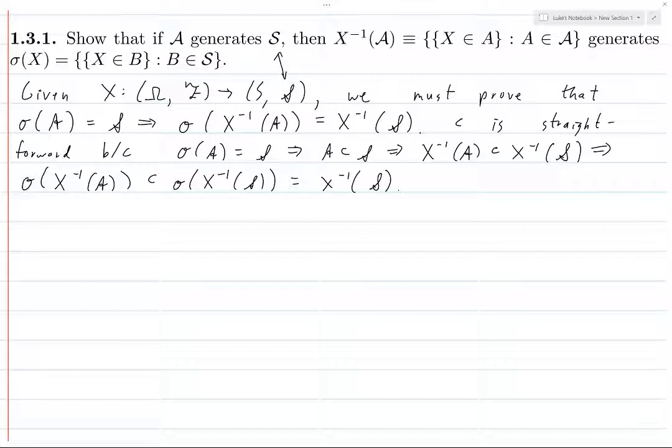I guess that's straightforward. If you have a sigma algebra S, or let's see, is there a letter we're not using here? Let's say C. We're not using the letter C. So let's suppose C is a sigma algebra.